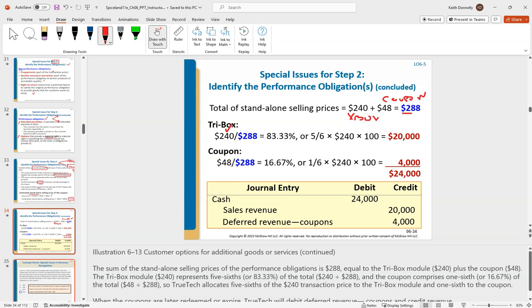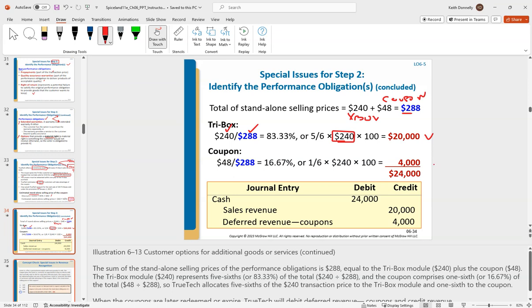So we take the Xbox, what we sell it for individually, over what we sell both of those for individually, multiply it times the 240 we sell the bundle, the Xbox with the coupon inside, times 100, there's $20,000.